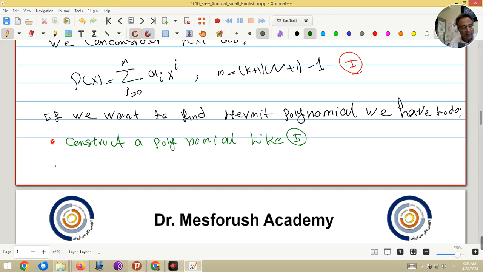Okay, then number 2, construct the constraints of the Hermite.